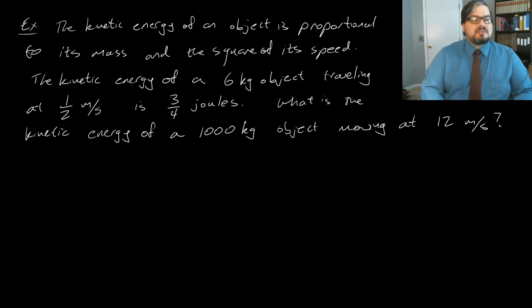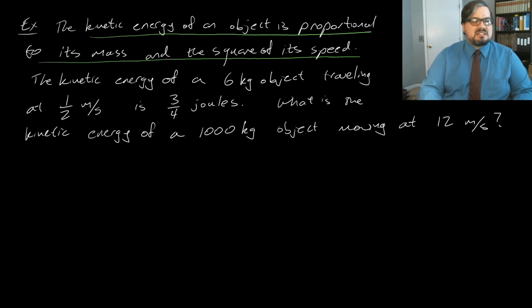All right, let's go ahead and see how this goes. We have the kinetic energy of an object is proportional to its mass and the square of its speed. Let's give ourselves some symbols here. So let's let E be the kinetic energy.